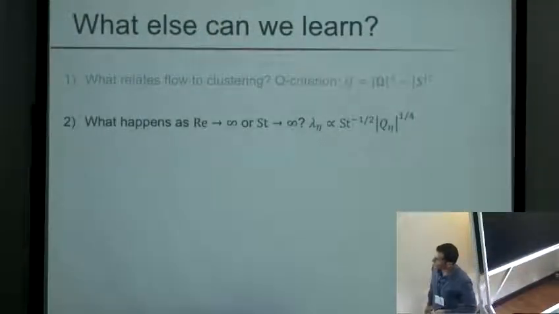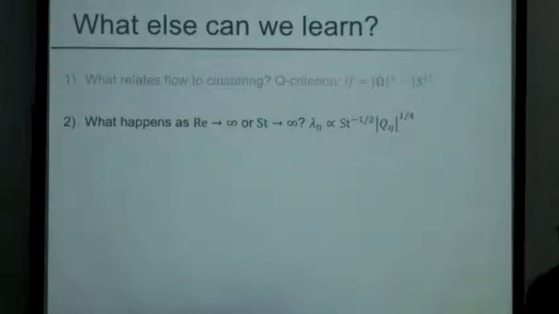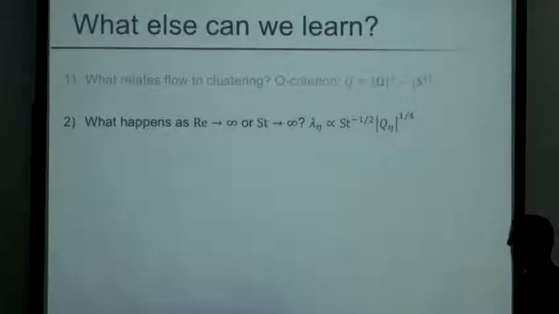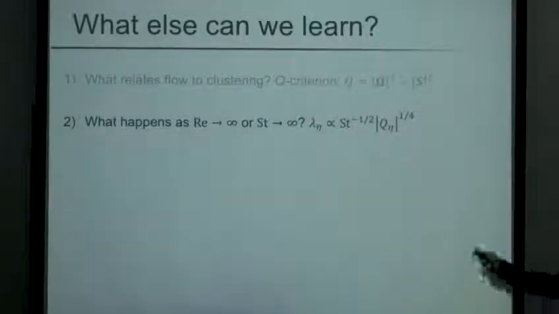The second question that you might ask, what would happen if you go to a flow that is, the Reynolds number is very large, or the Stokes number is very large? And this analysis tells you that your Lyapunov exponent, or you could relate it to the divergence of particle velocity field, is going to decrease proportional to 1 over root square of a Stokes number, and it's going to increase proportional to Q criterion to power 1/4.